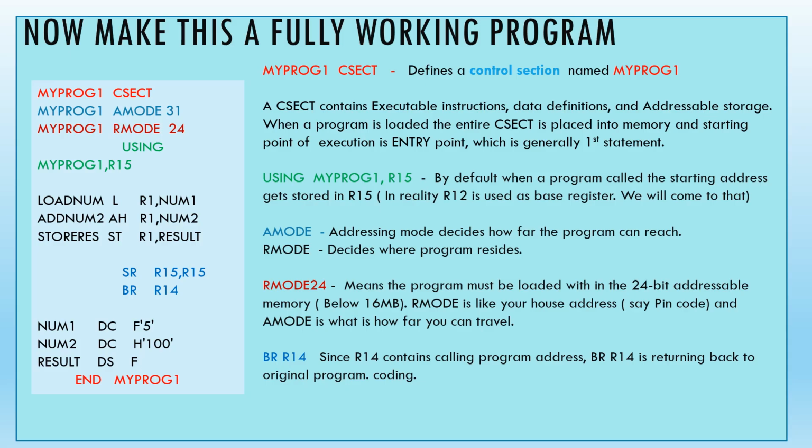Let me give a simple example. Let us say the starting address of this program that you loaded is A000, and a particular variable is at A010. That means the distance from the starting point is 010.